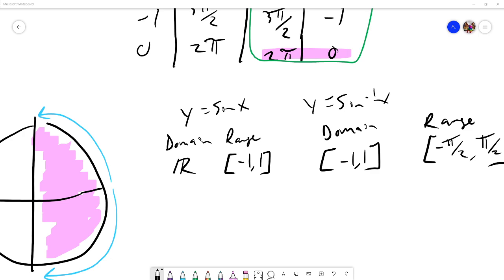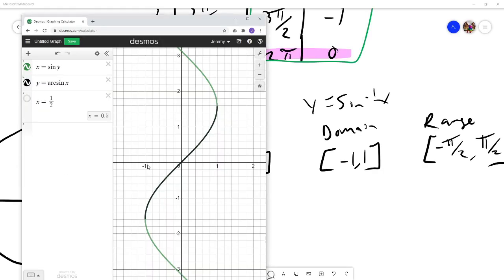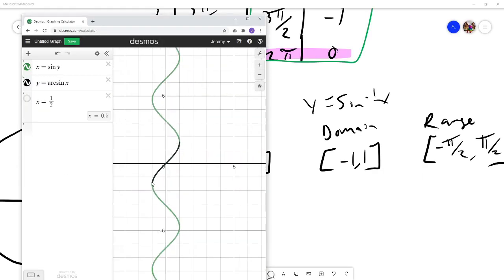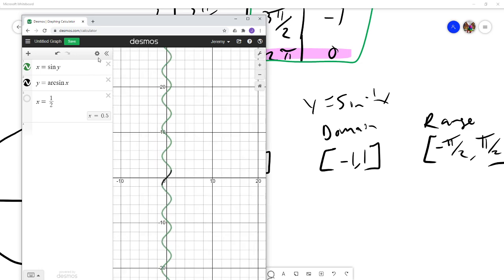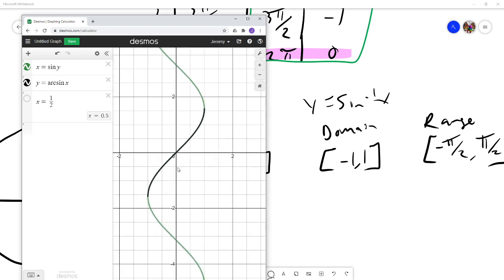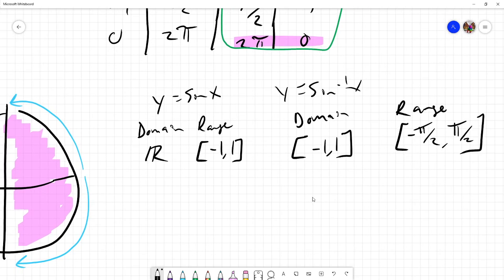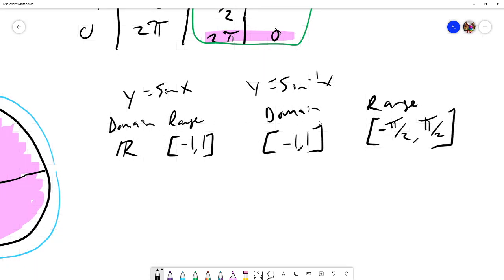And looking at our graph here in Desmos, we certainly see that. If we scroll out, every single output has possible input values between negative 1 and 1. If we consider the graph with the infinite squiggle here, it doesn't go outside of this domain. So this right here is the domain and range of arcsine. Domain is negative 1 to 1, range is from negative pi over 2 to pi over 2.